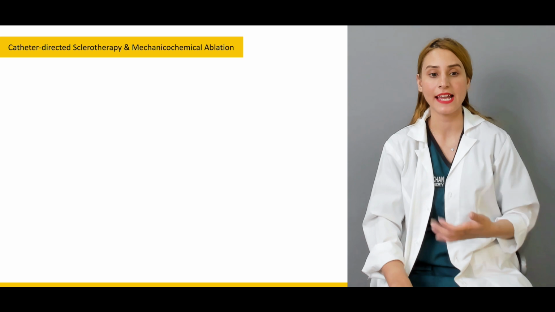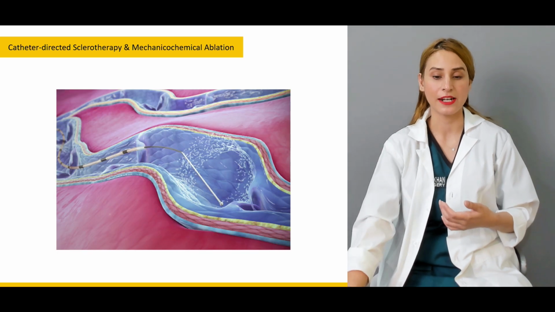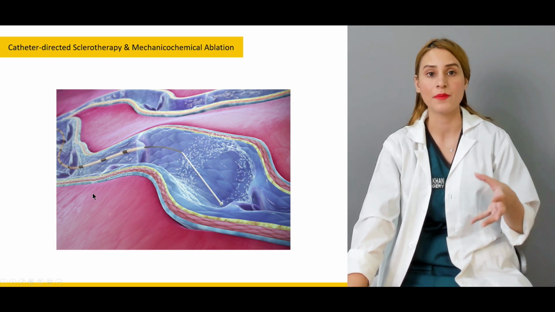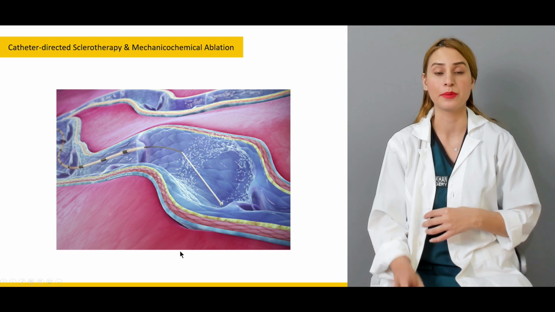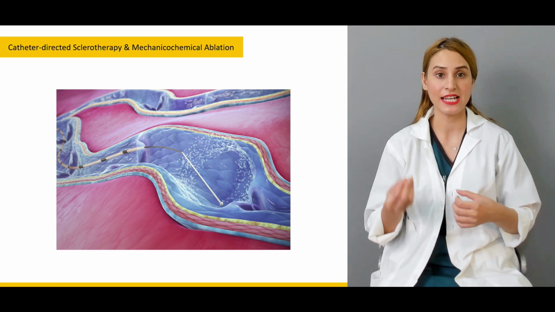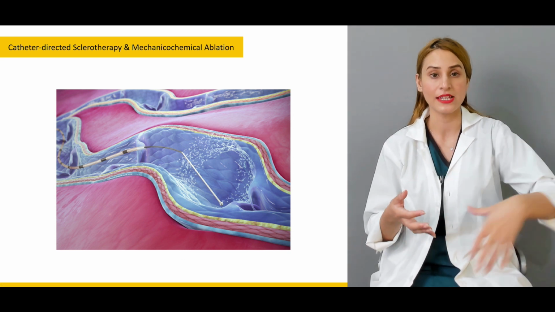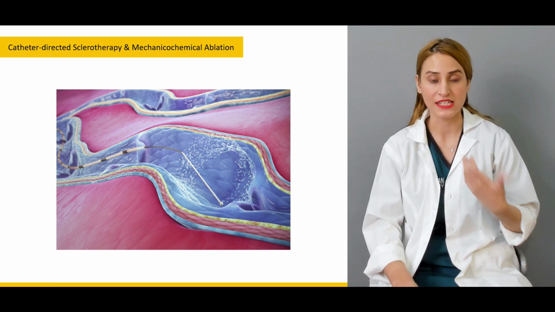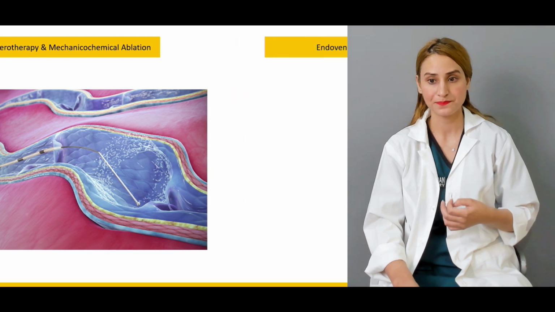So that's called catheter directed sclerotherapy. You can see here the long guide wire and the catheter, which you insert through the skin. The sclerosing agent is injected through that needle or catheter, and then it will sclerose the whole pathway of the dilated tortuous varicose vein.